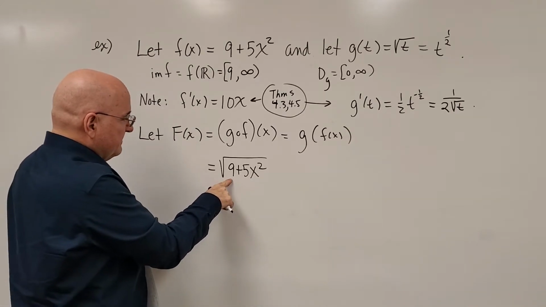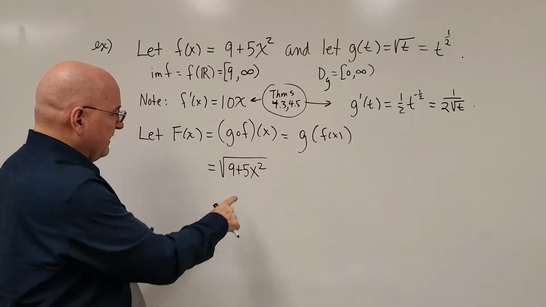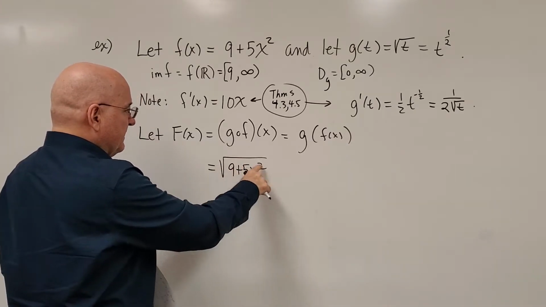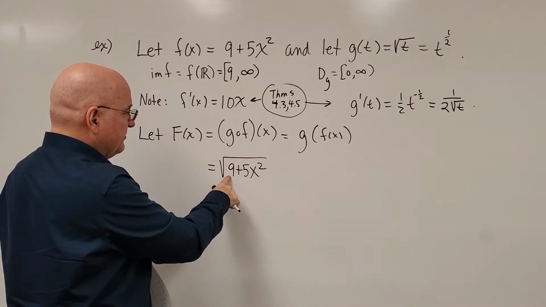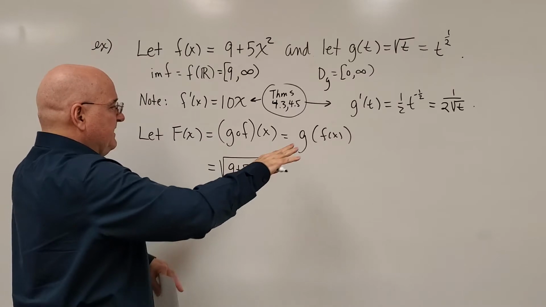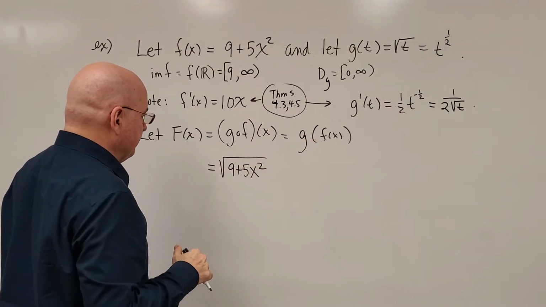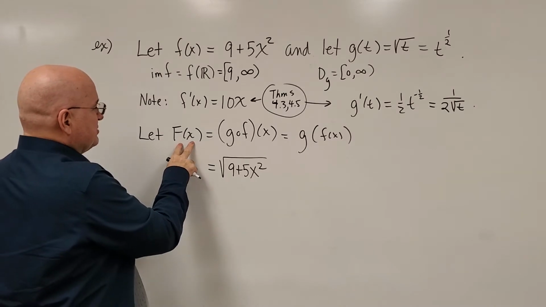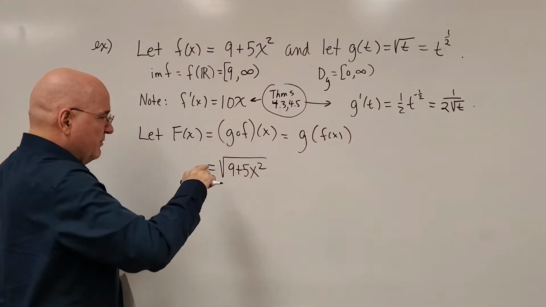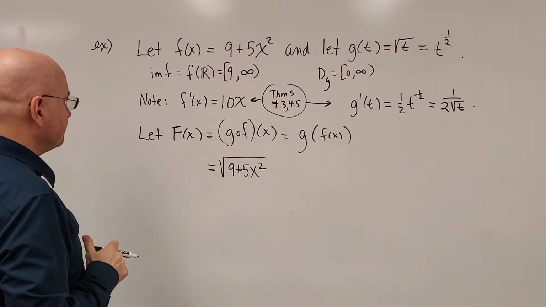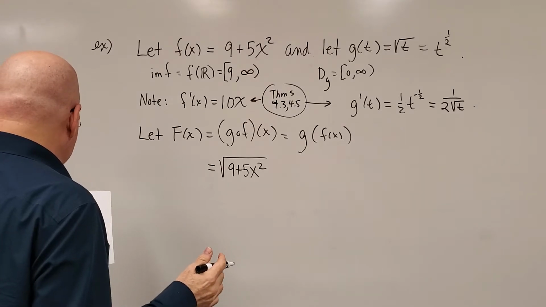And for radical 9 plus 5x squared, if x is 0, we're going to get the smallest possible number, which would be a 9 under here. And as x goes in either direction, the number under the radical is just going to get bigger. So the image of F is going to be 3 to infinity, square bracket on the 3. All right, well, that wasn't necessary for this problem.